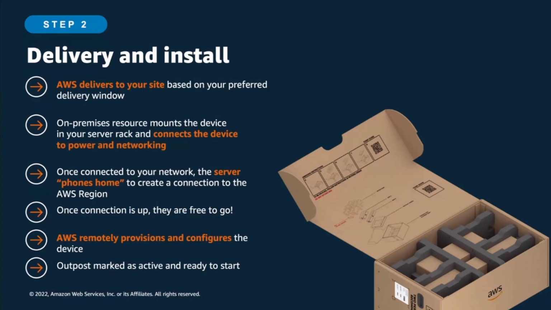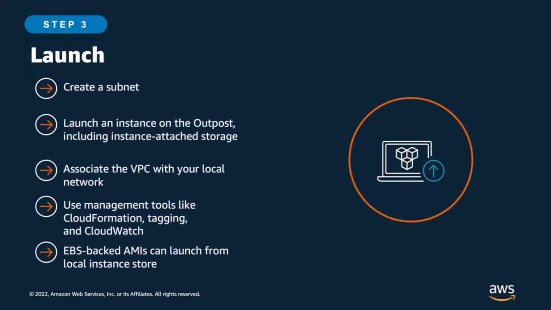And ultimately, when you get that all configured, we get to the point that it will, definitely in quotes, phone home. We're going to use your connection back to the AWS region. And once that connection's up, then you can start seeing remotely the install status. AWS will remotely finish the configuration to the point that capacity will just be marked active for you to be ready to start launching instances.